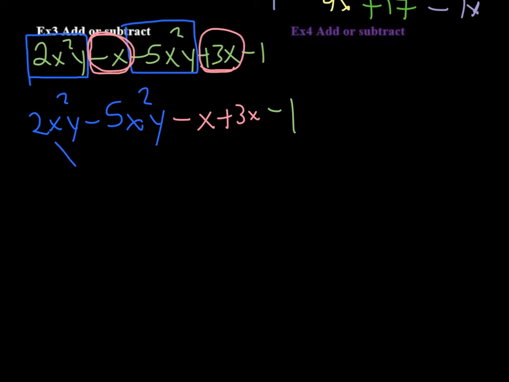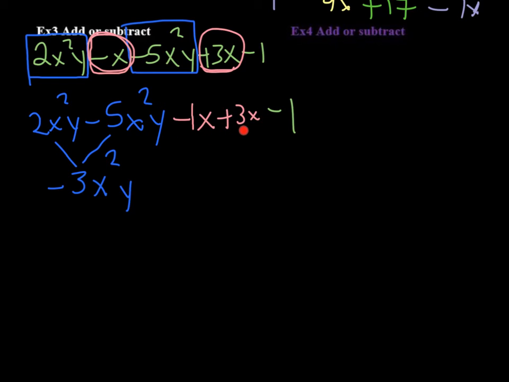After that, we can combine like terms. So 2x squared y minus 5x squared y will give us a negative 3x squared y. Negative x, meaning there's a 1 in front of it.